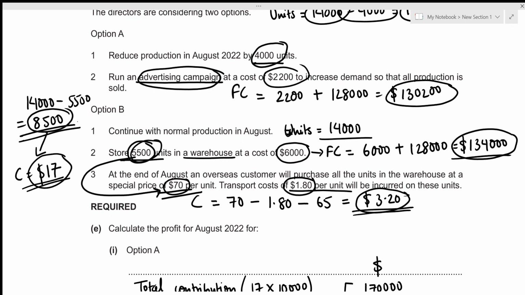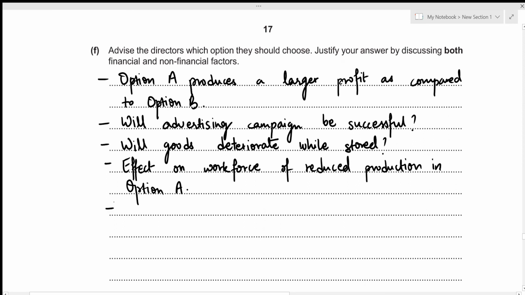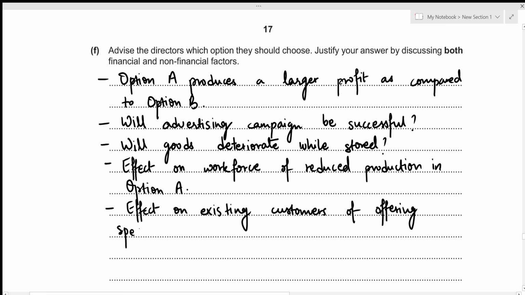They might also demand a lower sales price. That's an effect as well. Let's write it down. Effect on existing customers of offering special price in option B.